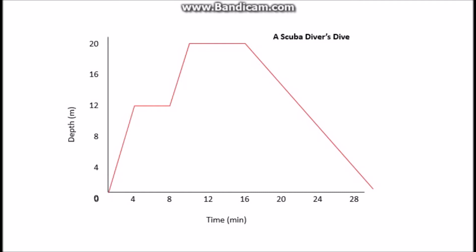So it seems kind of counterintuitive, but the higher the graph goes is actually telling us how much further the scuba diver has dived or dove. It's a good thing I don't teach English. It's telling us how far the scuba diver is submerged beneath the surface of water. So it's a little bit tough to wrap our heads around that initially, but that's what this graph could be explaining here.